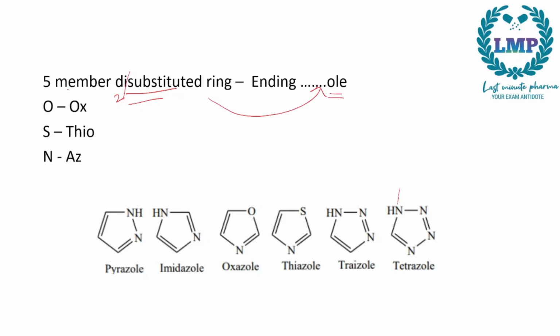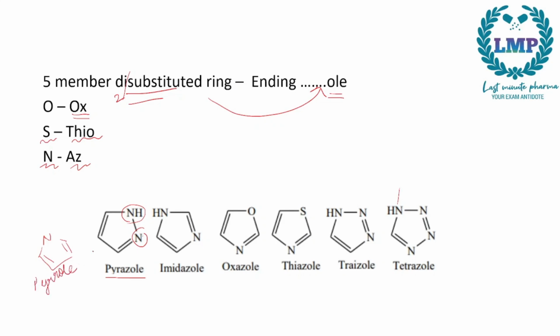Let us also remember some easy tricks here. If it's an O, it will always be named ox. If it's an S, always thio. If it's an N, aza. So let us try naming this compound. If it's a 5-membered ring with 2 nitrogens attached adjacent to each other, we will call it a pyrazole. If we had only 1 nitrogen, remember we called it pyrrole.